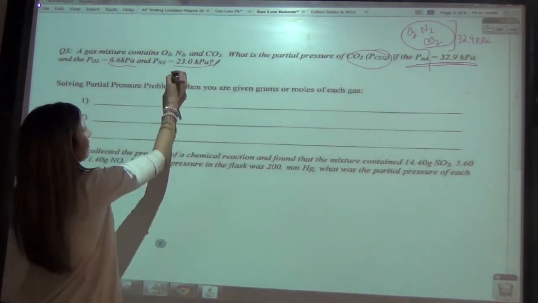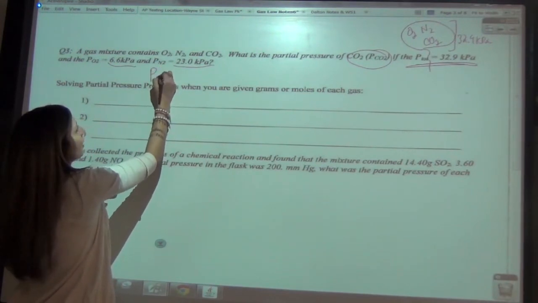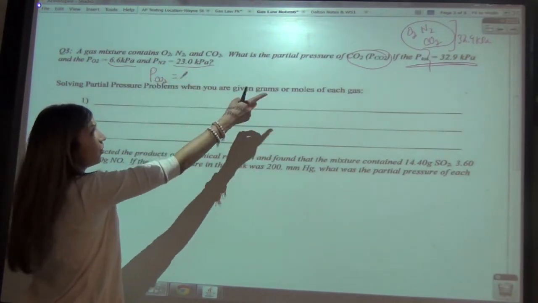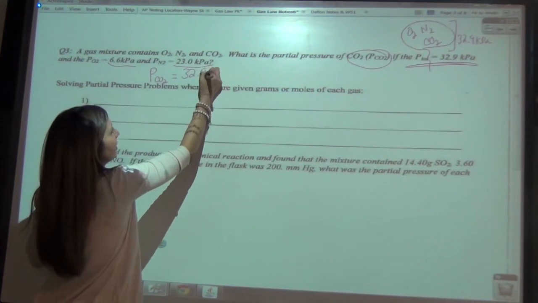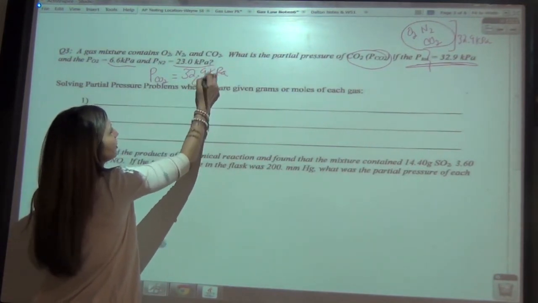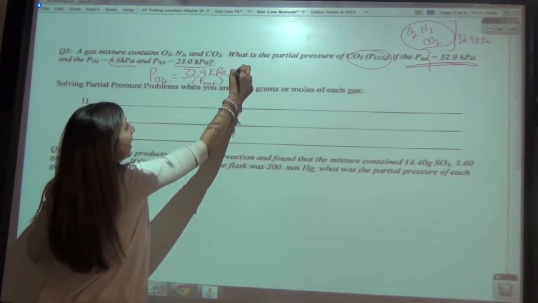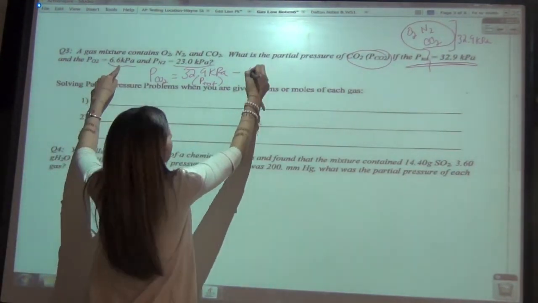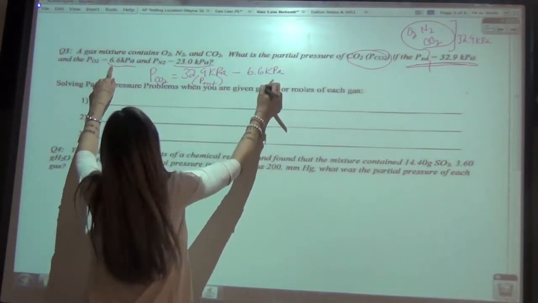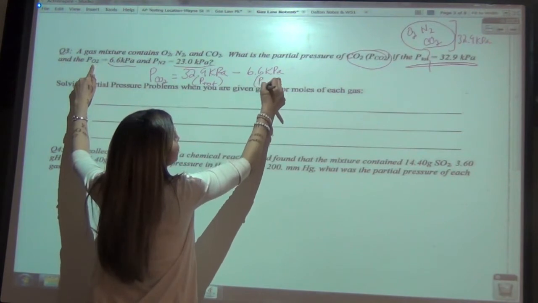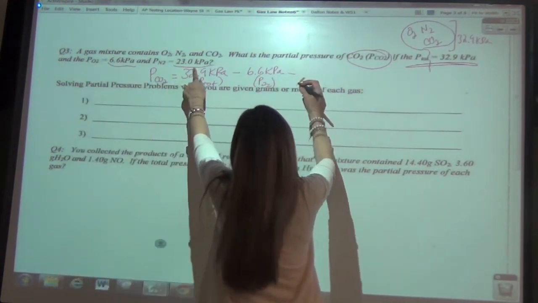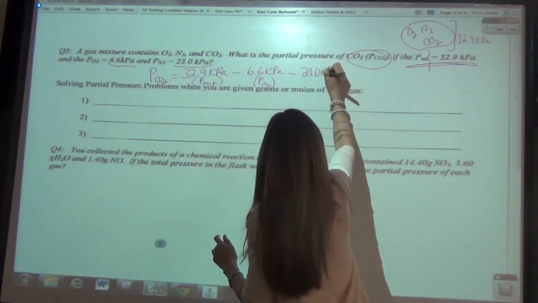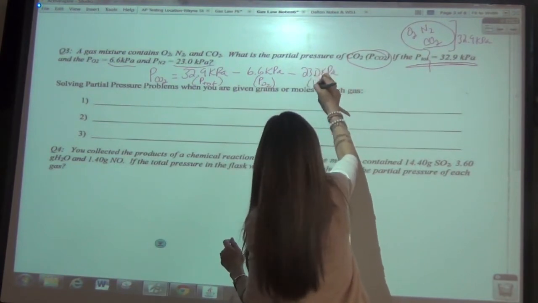So all we're going to do is, I'm just going to say the partial pressure of CO2 is equal to the total, which is 32.9 kPa. So under it, I'm just going to write P total minus my 6.6 kPa, because that's the oxygen, PO2, minus the 23.0 kPa, because that is my PN2.